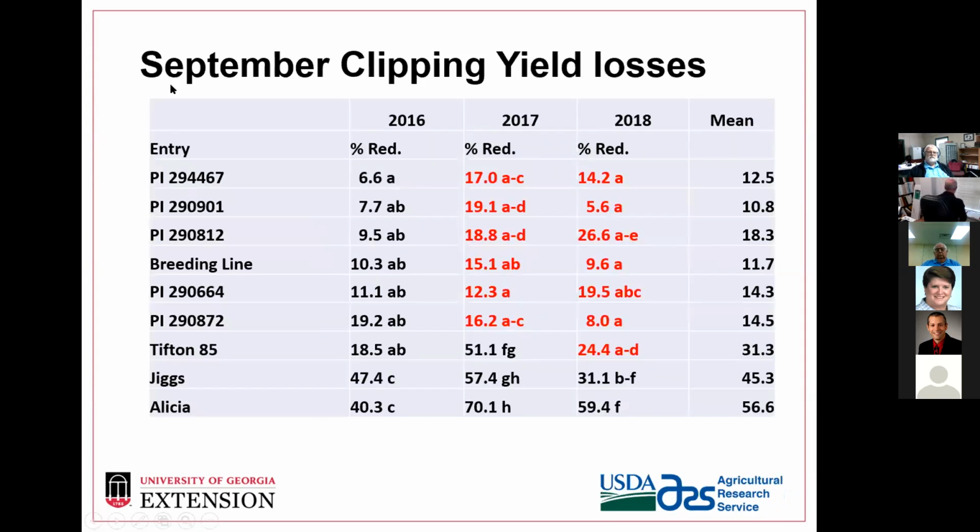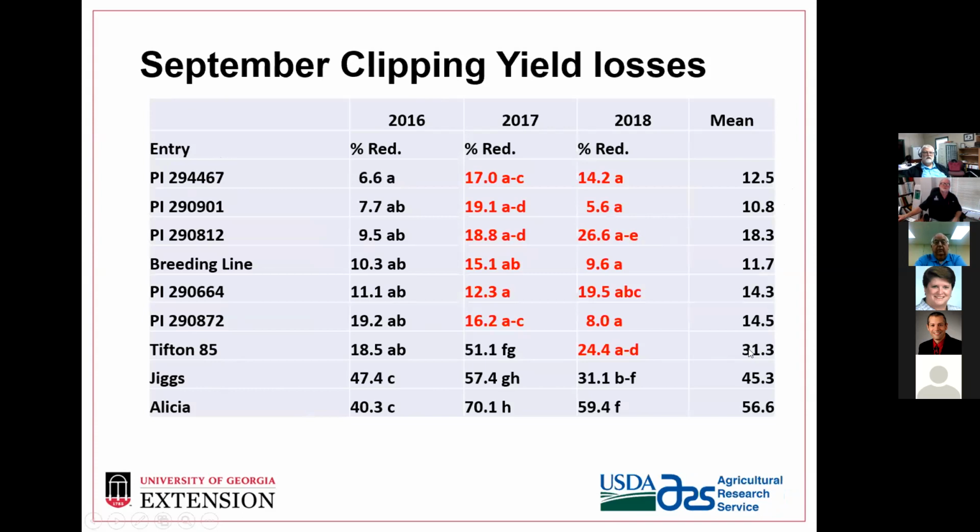So these are some promising materials that were harvested for 3 years, and then looking at the loss due to, so this is sprayed versus unsprayed plots.